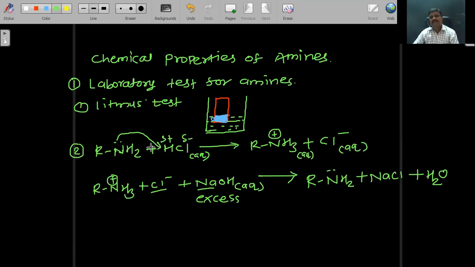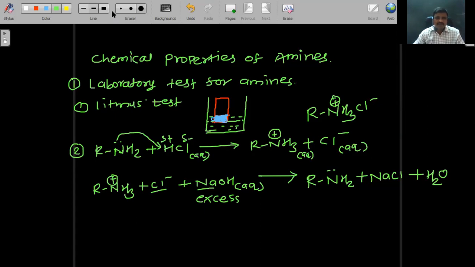Amines are basic, so they react with acid to give a salt. Actually, this may also be written as R-NH3 plus Cl minus, which is known as ammonium chloride. So this is also a detection test for amines.